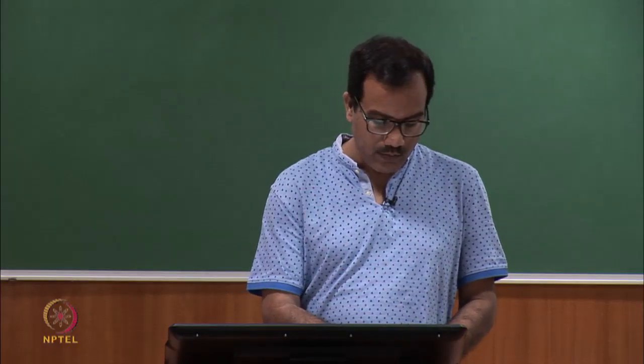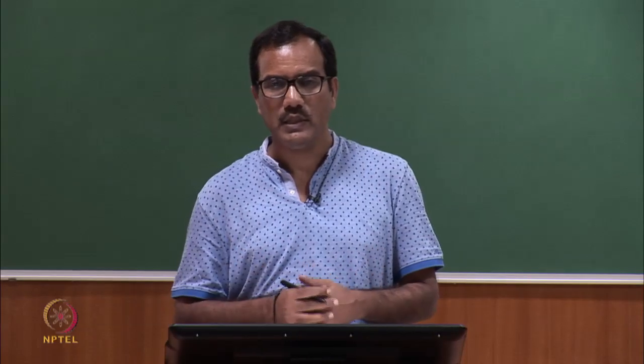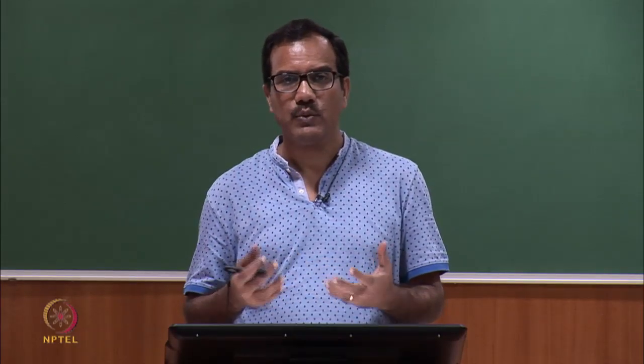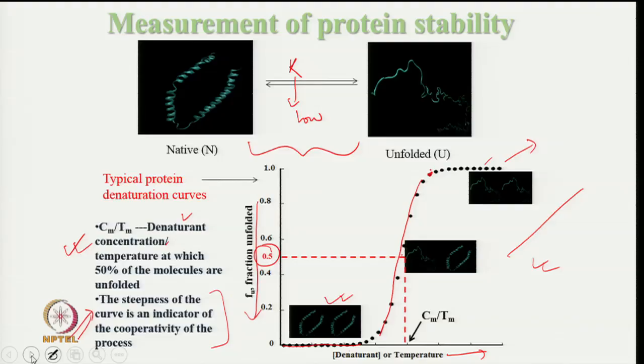To calculate the stability of the protein, we need to know the delta G value for this process. If delta G is negative, this process is spontaneous and it means the protein is unstable. If delta G is positive, this conformational change is not spontaneous, and it means the native state is more stable.